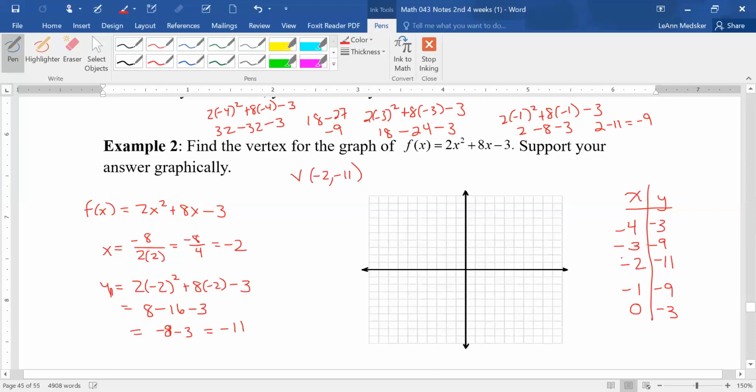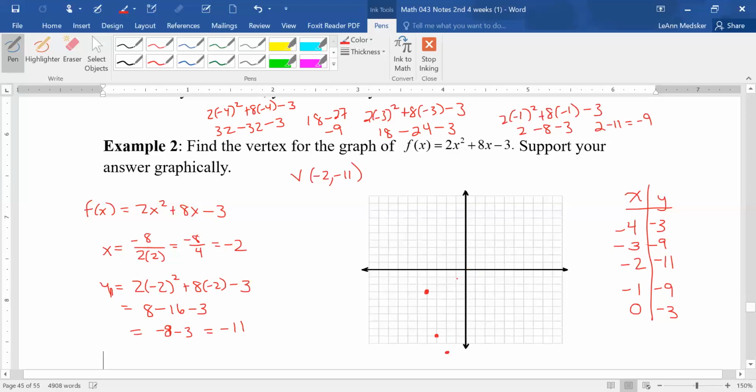If you have done this correctly, if you've got the right vertex, this will always happen. The y values on either side will have symmetrical values. That's because the parabola has symmetry. So if we go left 4, down 1, 2, 3, and then left 3, down 9, which I believe was this one. Left 2, down 11, we have to add 1 for 11.